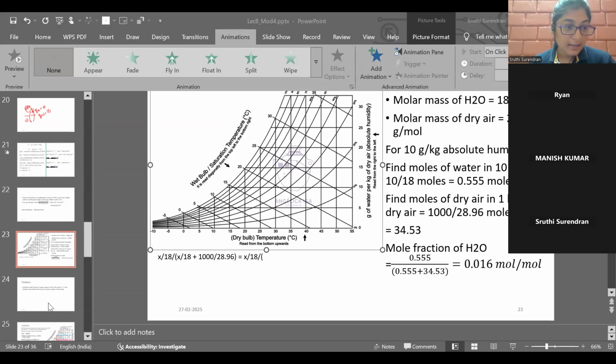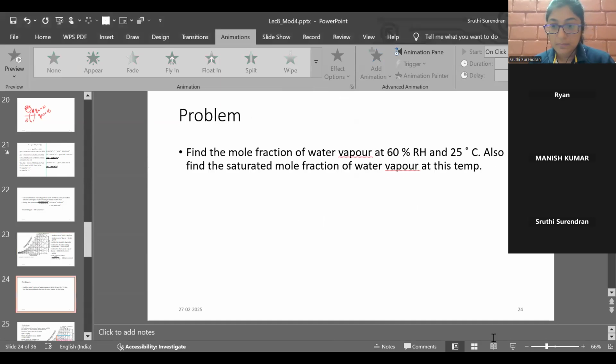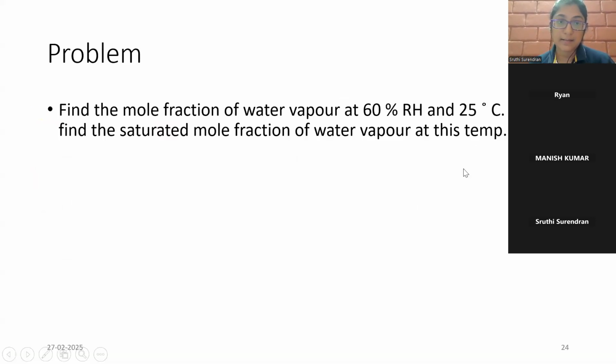So using that, I will need you to solve this problem: find the mole fraction of water vapor at 60% RH and 25 degrees Celsius, and also find the saturated mole fraction of water vapor at this temperature.